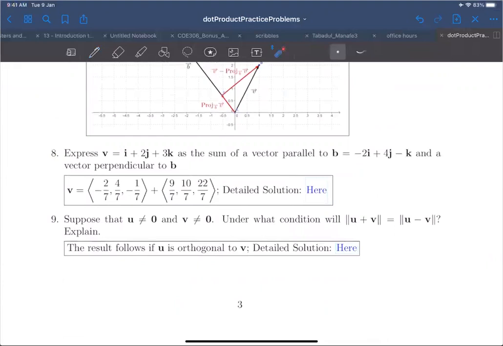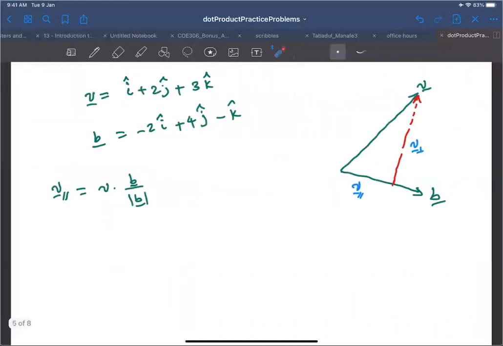I took the time to write down the vectors on the next page and draw a figure to illustrate the problem. These are the vectors written again on this page, and this figure shows the vectors V and B, and the perpendicular and parallel components of V on B. This is the parallel component, denoted by V parallel.